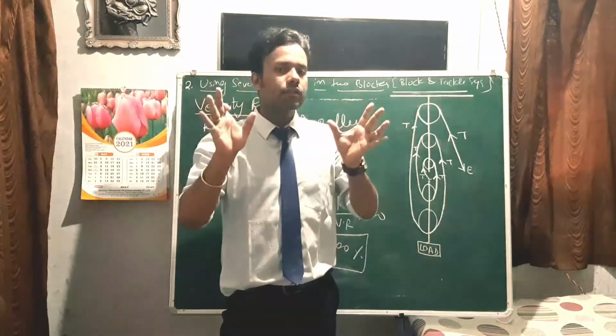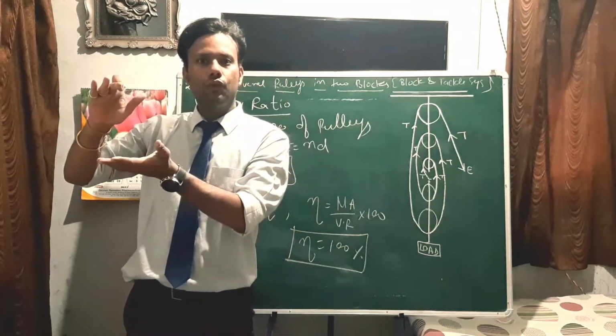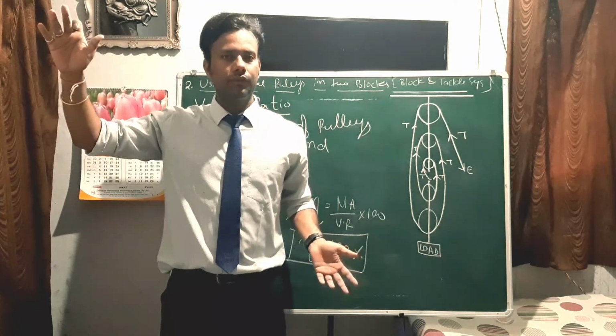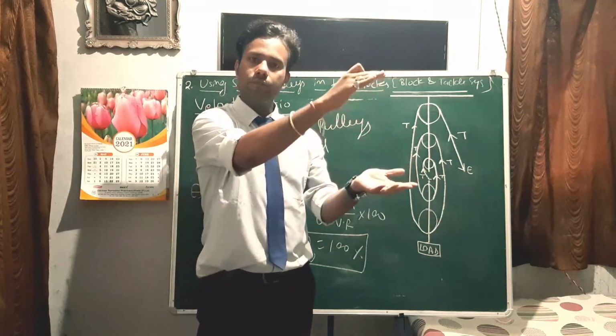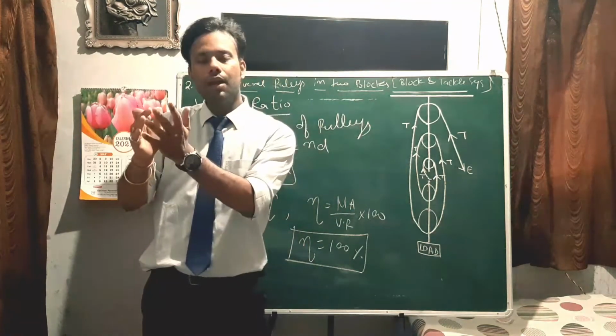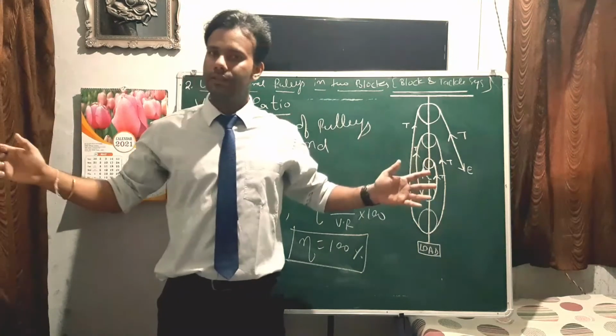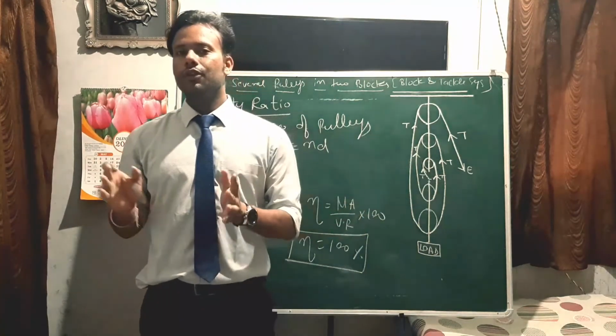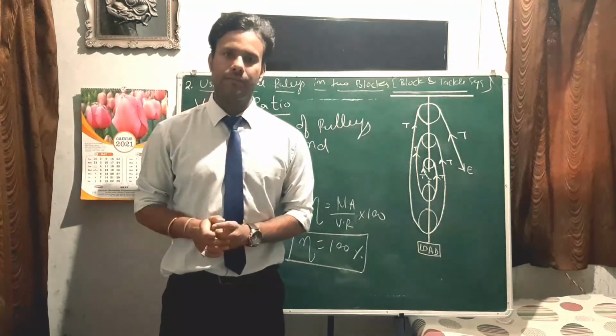So it's okay that we are applying less force, but we are covering more distance, right? So here force is more, but the distance is less. But in this case we are applying less force but covering more distance. So work done in both cases will be the same. So that means there will be no gain in energy.